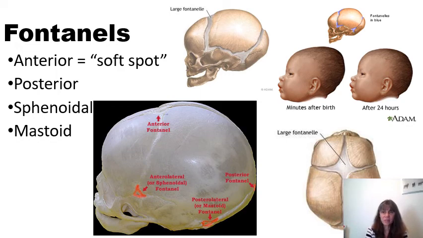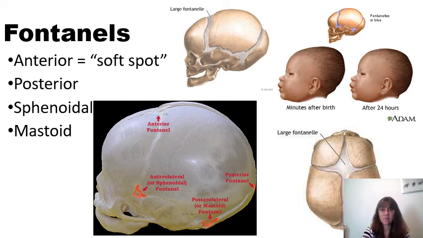We know that cranial bones form through a process known as intramembranous ossification. Intramembranous ossification allows there to be membrane that hasn't turned into bone prior to and after birth to allow the baby's head to change shape in order to fit through a birth canal.